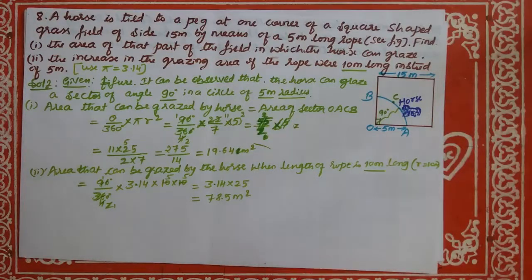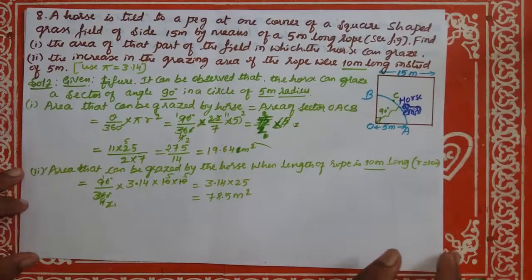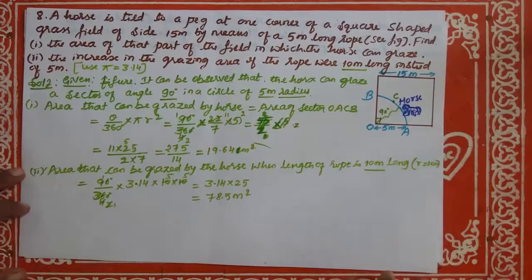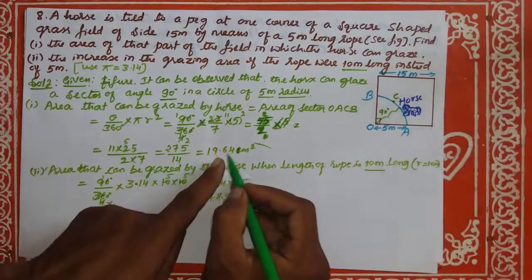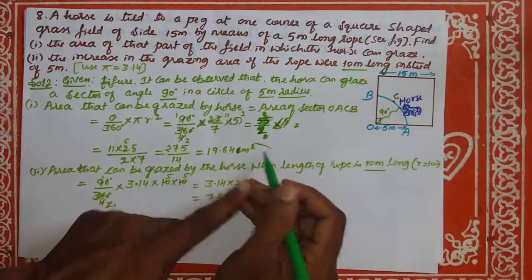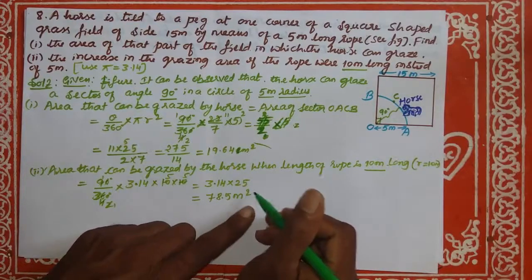Now the increase in grazing area, how much? We have to subtract: 19.64 square meter and here 78.5 square meter.